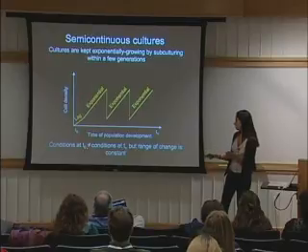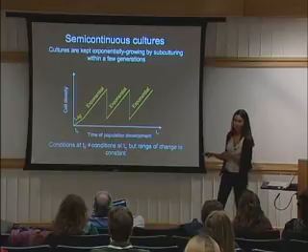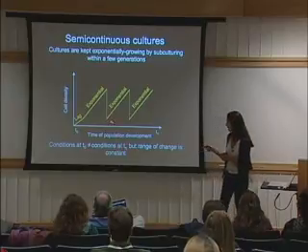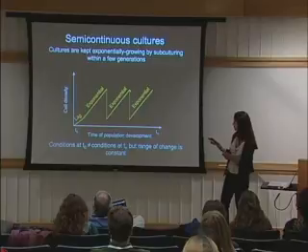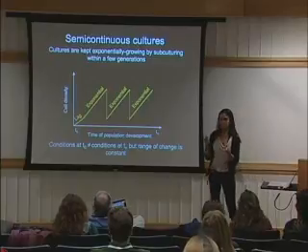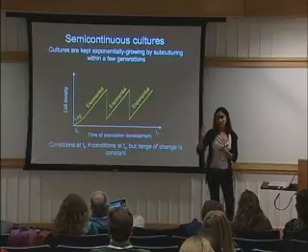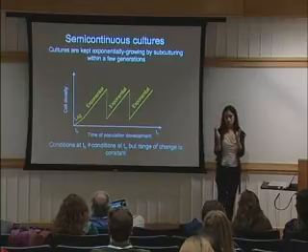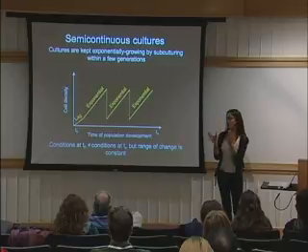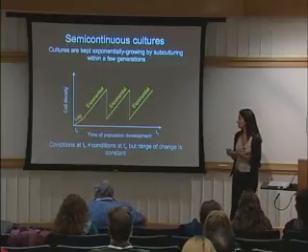And the conditions at time 0 are different from the conditions at the end of the experiment, or at time n, if you like. So this would be time n. But the rate of change is constant, so you always keep them there exponentially growing with a constant range of cell density.